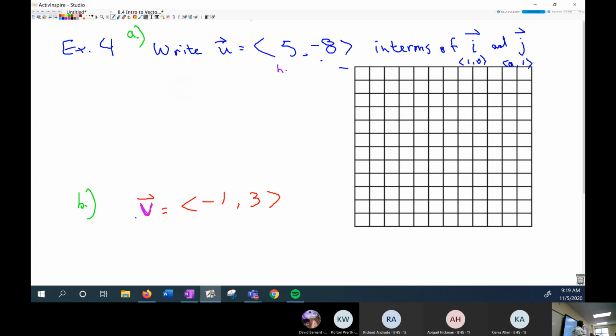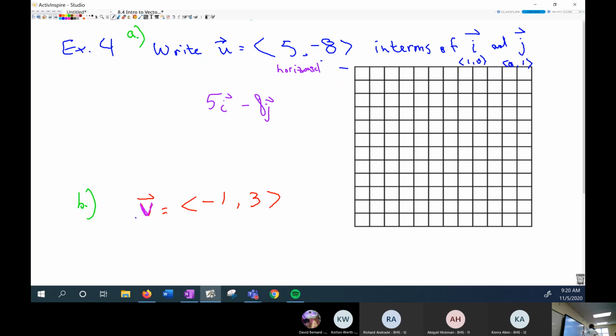Because that's the horizontal part. So 5i, let me put the little vector symbol over it, plus, or actually minus 8j. That's it.